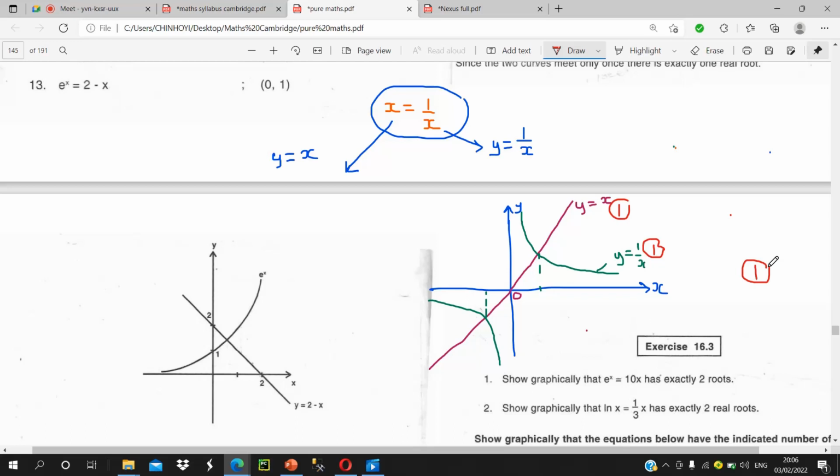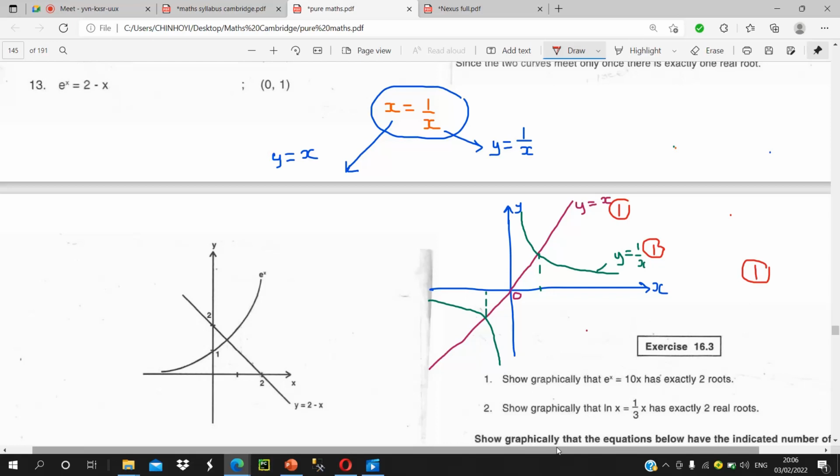Your comment will be, since the two graphs intersect twice, it implies that there are two real roots. That will be your conclusion.